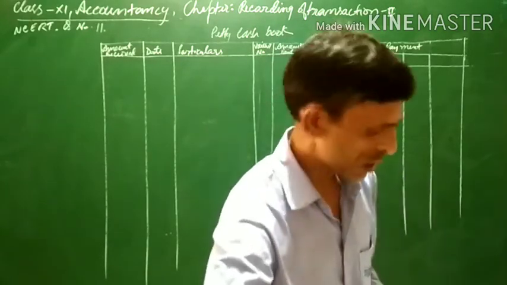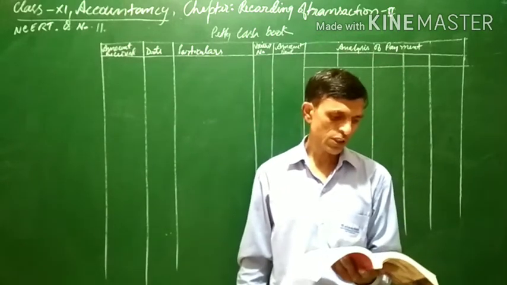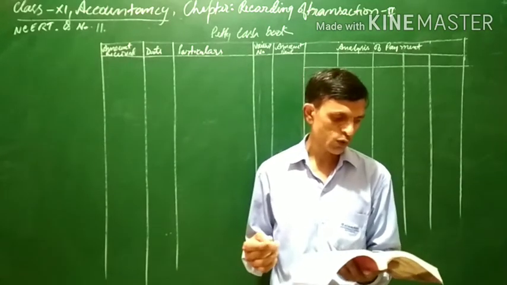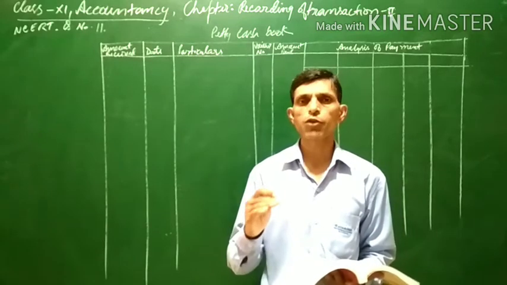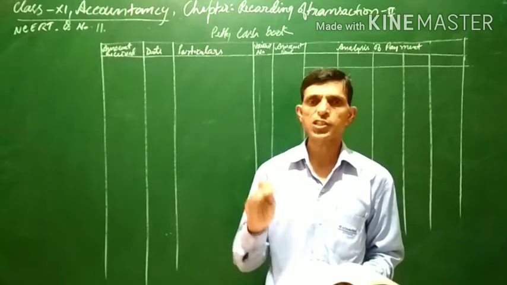Here in this question, the petty cash book imprest amount is given. Imprest means the advance amount. The advance amount is rupees 2000, which is given at the beginning of a particular time period for petty expenses.